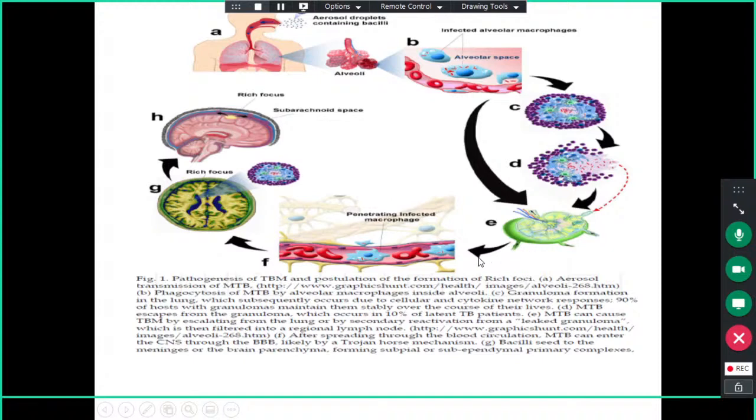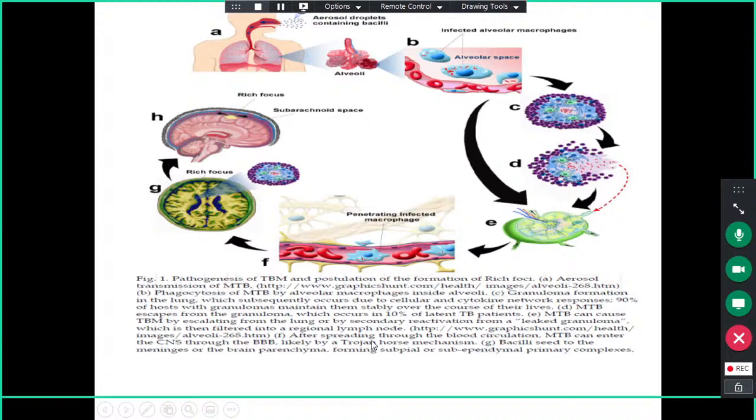Then from there they enter the bloodstream, can go to the brain, and involve the subarachnoid space, which causes meningitis.